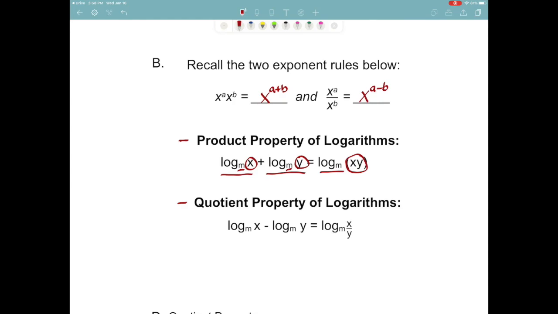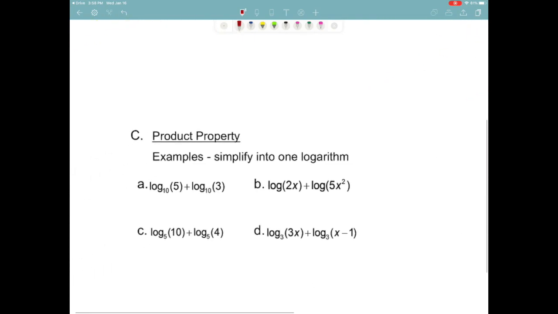If we are subtracting two logs that have the same base, we can rewrite that as one log with the quotient of their two values. So multiplication and addition go together, and division and subtraction go together. We'll look at how these work in the next slides.